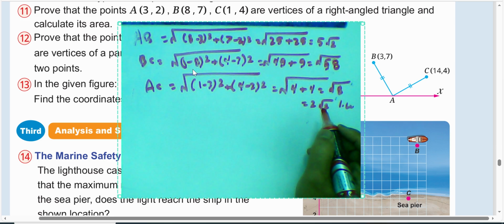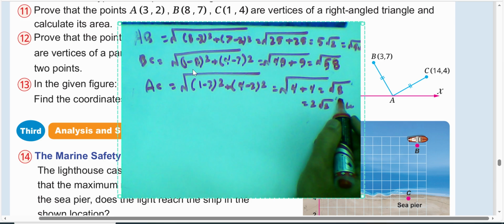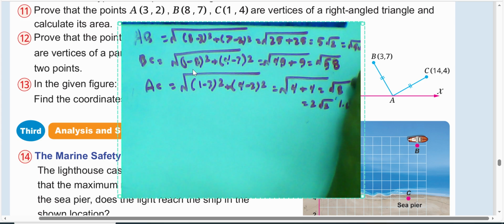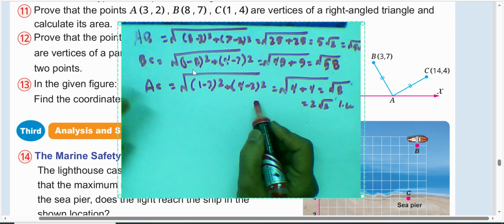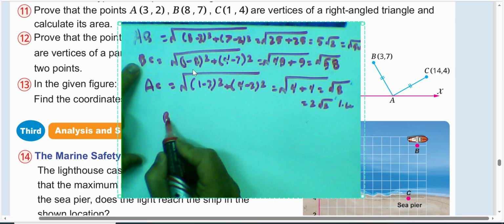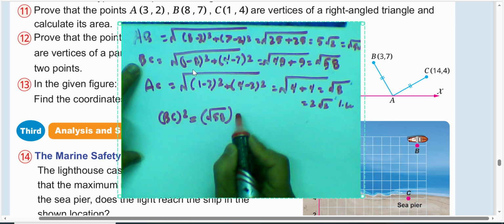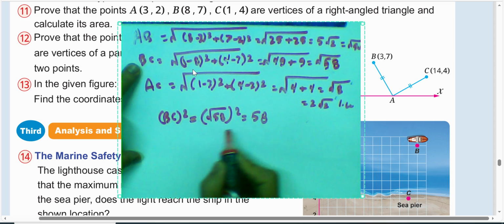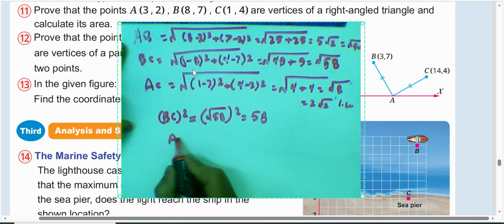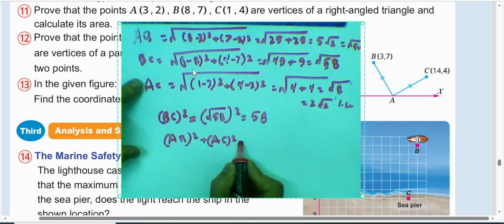We want to prove the type of triangle. We have here square root of 50 and here square root of 8. We want to prove that this is a right angle triangle. We write the greatest side BC power 2 equals square root of 58 power 2, it will be 58. And AB power 2 plus AC power 2.